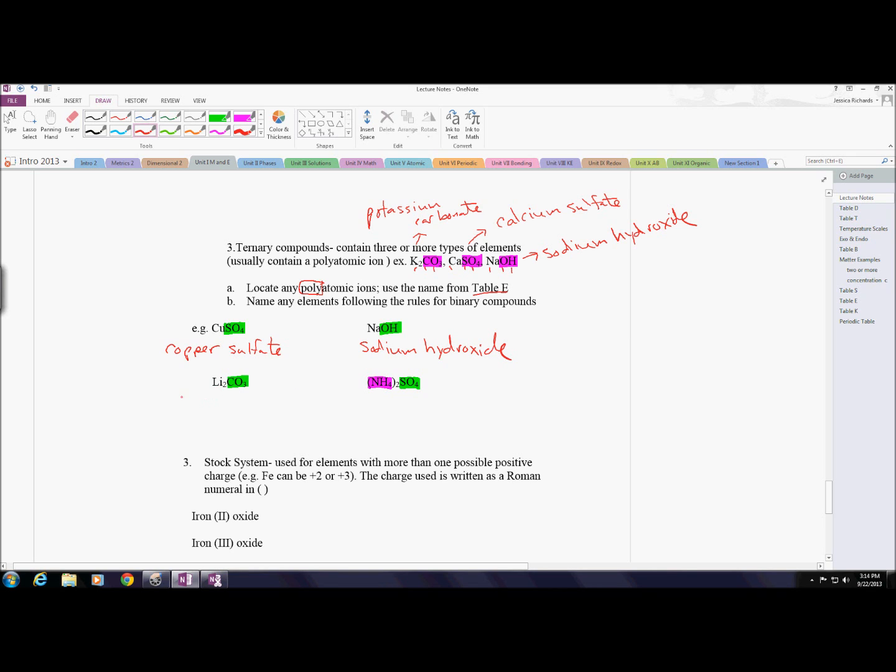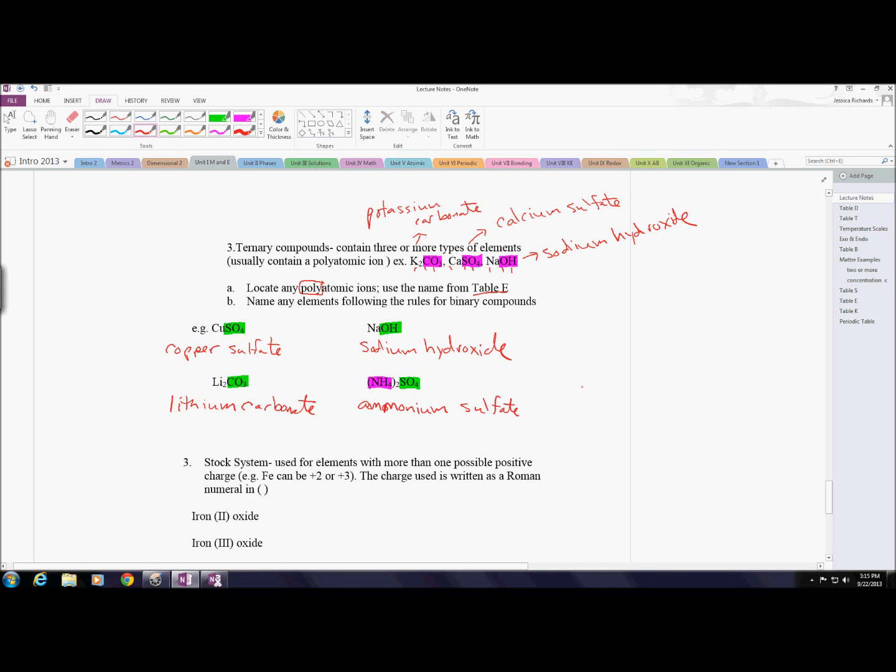Li2CO3, Li is lithium. And we already looked up CO3 as being carbonate, so lithium carbonate. And this last one, I just said that NH4 was ammonium. Ammonium. And SO4 is sulfate, sulfate.